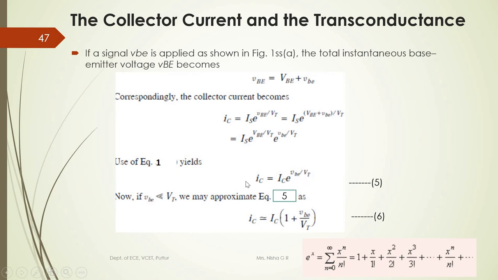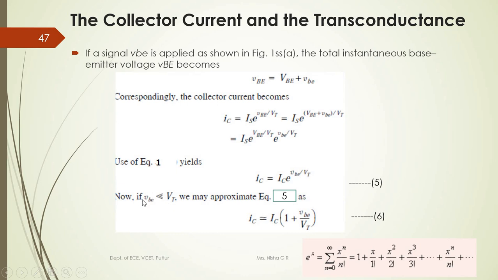So now the instantaneous current is again in terms of DC component and AC component, right?